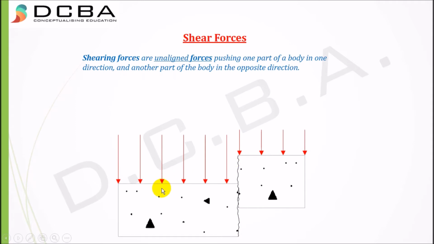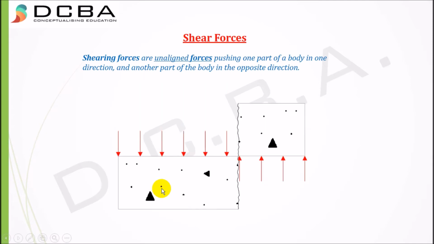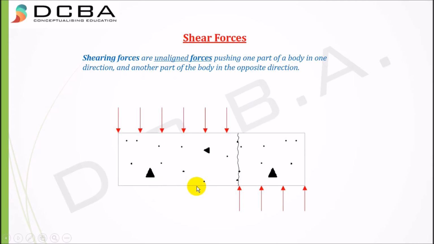It can be any particular section. Like if I consider in this example, if I want to find the shear force here at this arbitrary section, then I'll have to consider all the forces acting to the left part of the beam and all the forces acting to the right part of the beam, and check what the summation of these forces does to this particular section, and how much shear force is required to tear this beam apart at this particular section.